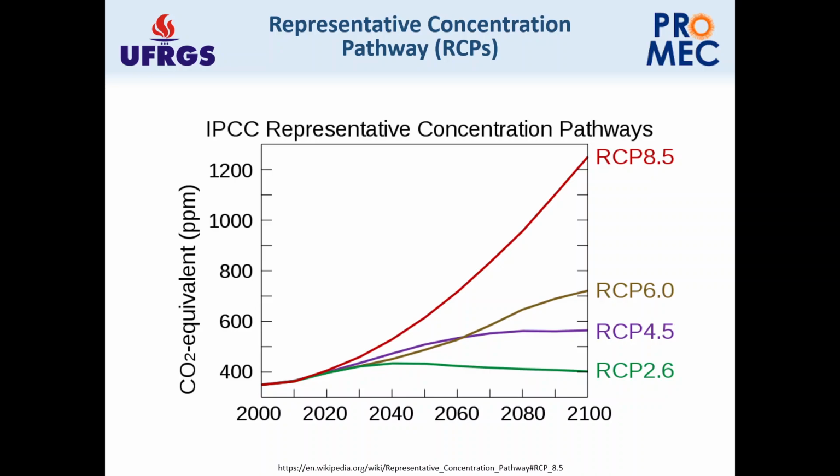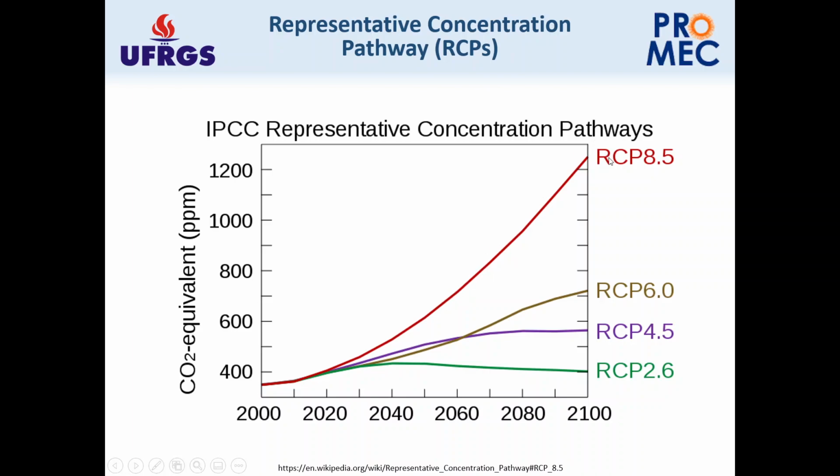It's also important to know the type of scenarios that are mostly used. So, for example, if you're running a scenario in the future, you have these representative concentration pathways, RCPs. The RCPs show pretty much how much CO2 emissions will increase in the future.